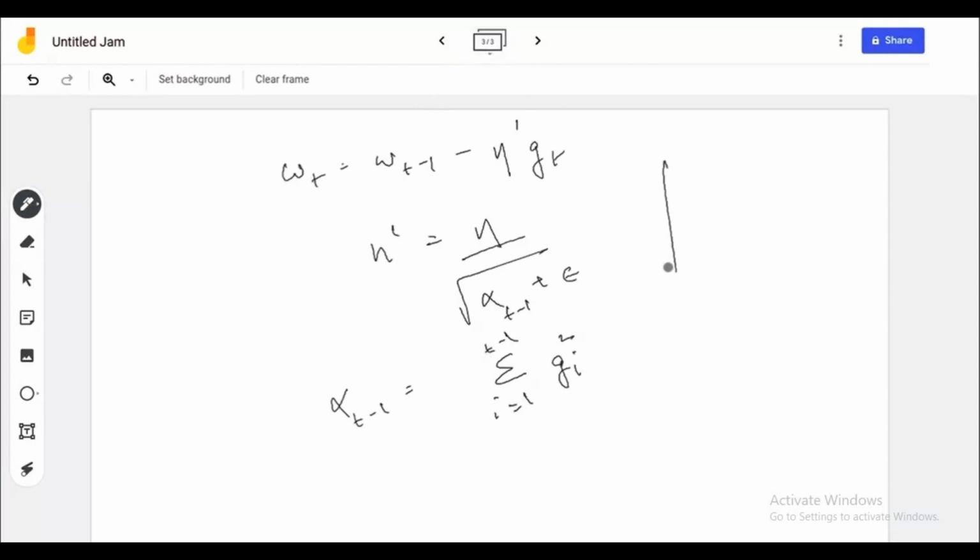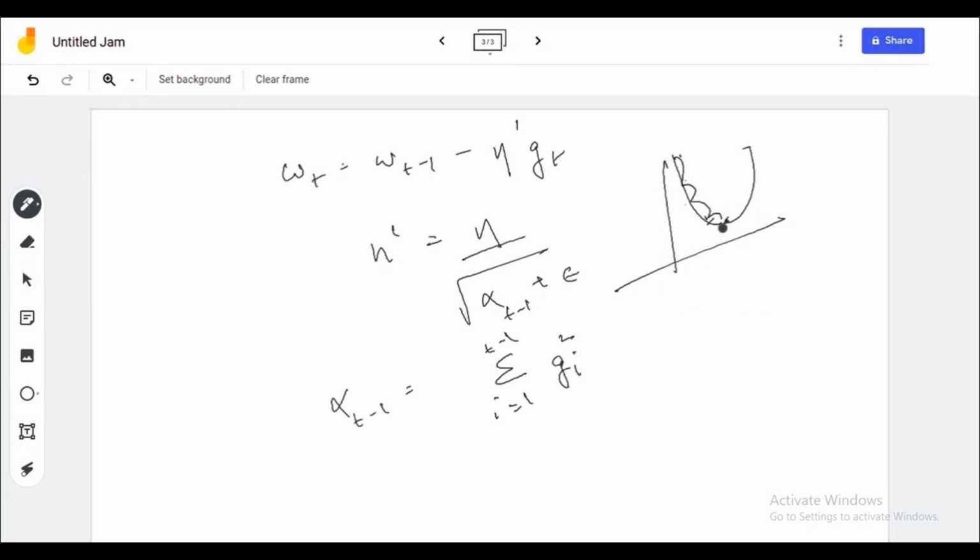If we have the graph here, every time that we are going down, for the next point it will take all the gradients that it had calculated before, square each of those, and sum them all up.